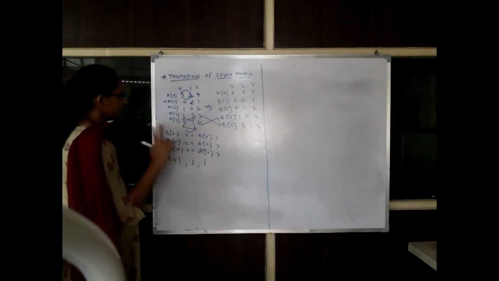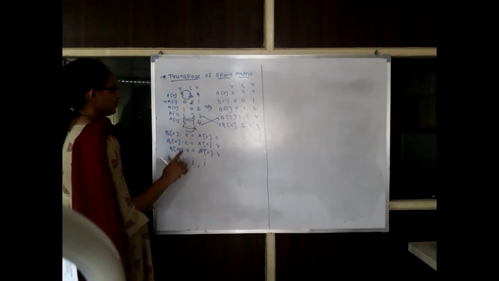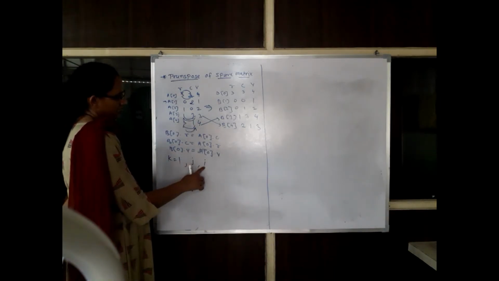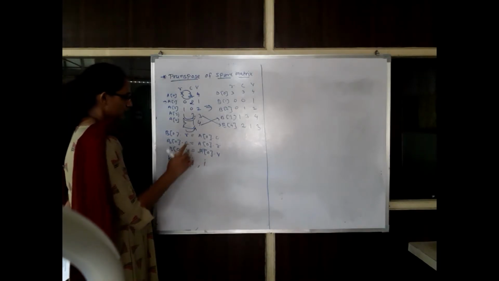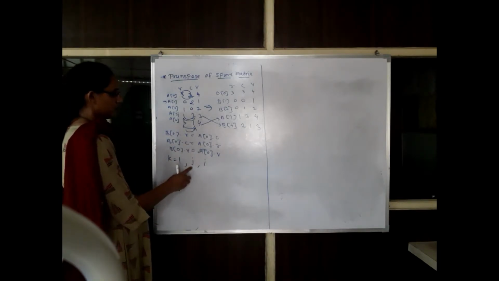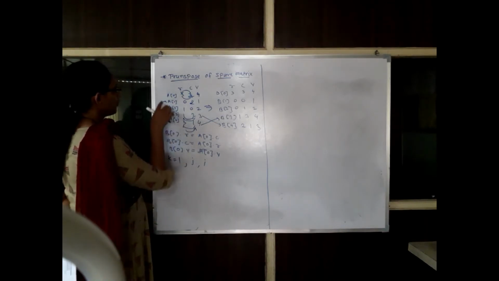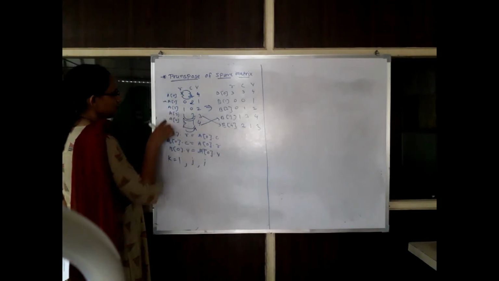So here we need two for loops. One for loop will increment this I value, that is possible number of column values, and the second for loop, for every possible column value, we are incrementing these tuples.